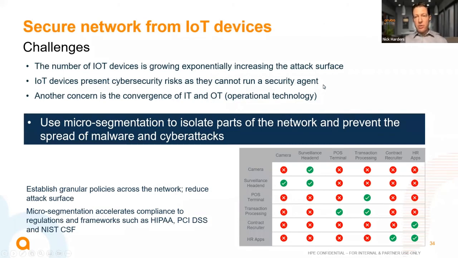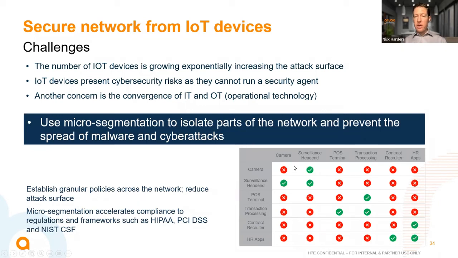Another area I wanted to touch on was just the proliferation of IoT devices. So in the branch, we touched on visibility being a core competency of the EdgeConnect solution. Having visibility and understanding what is on your network is certainly one component, but being able to set policies, even east-west, which basically means on the LAN itself, we can use the EdgeConnect device to essentially have a zone-based firewall.